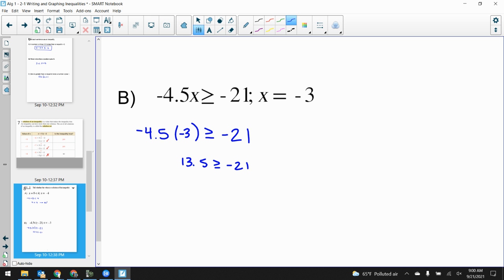Is that a true statement? Yes, it is. Positive number bigger than a negative number. So therefore we know, yes, -3 is a solution to this inequality. Is it the only solution? No. There's a lot of different solutions.